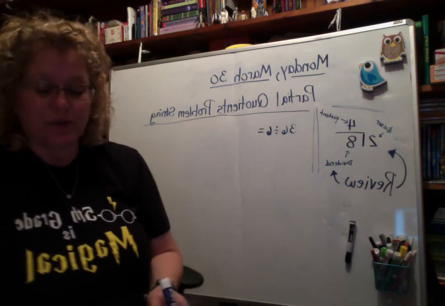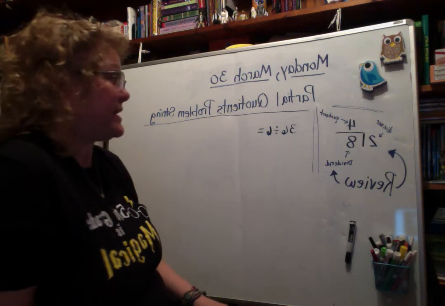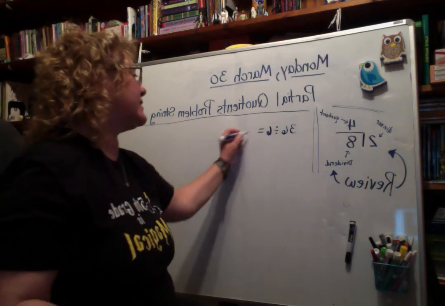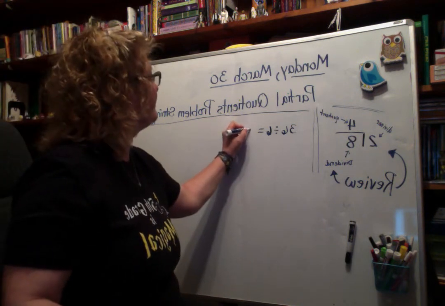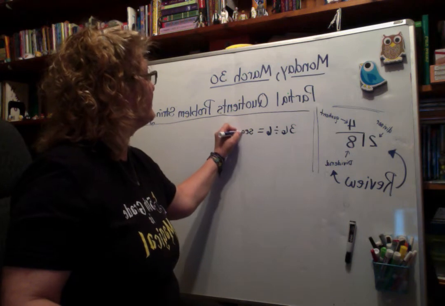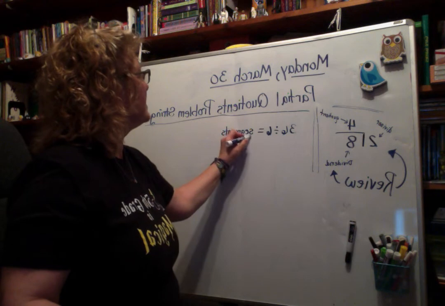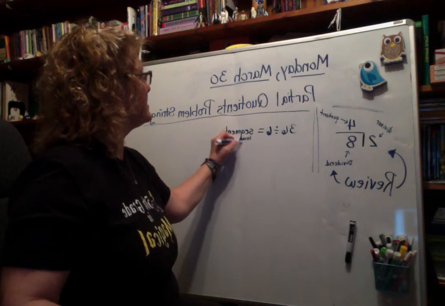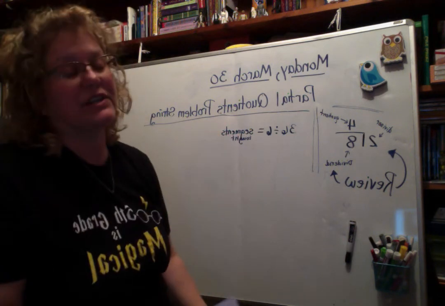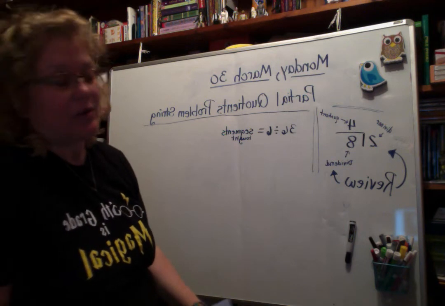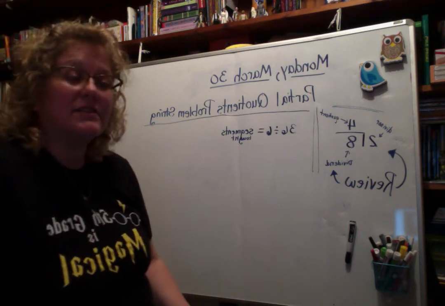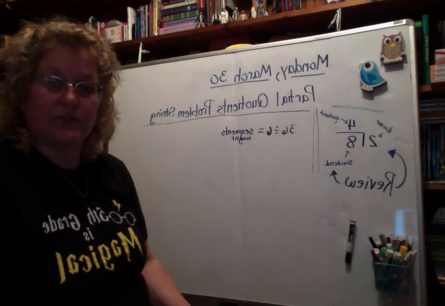So what you would do right now in your journal is write the equation like this. Segments bought, because that's what we want to know. We want to solve how many she bought. And this whole time, they really want you to get used to drawing pictures.